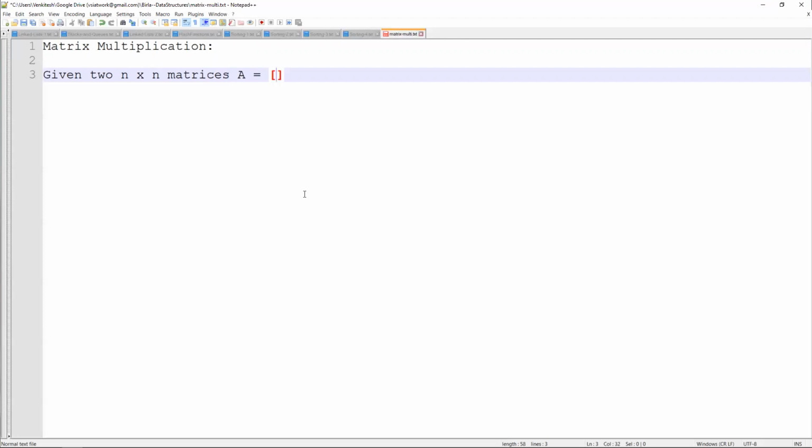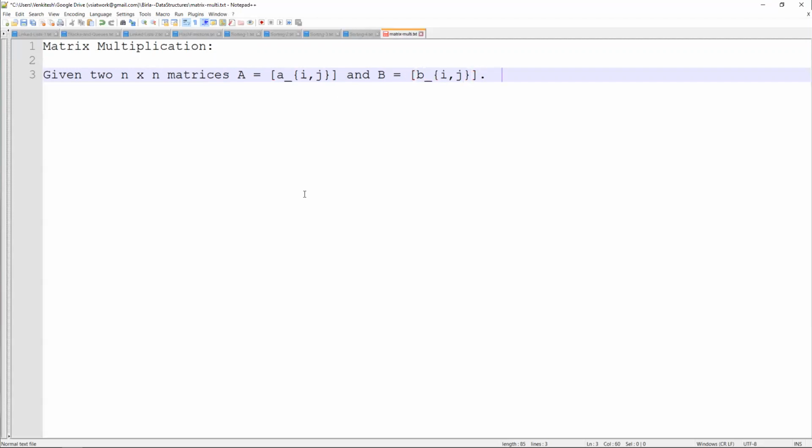A is written as Aij and B is written as Bij. The elements are Aij's and Bij's, right?